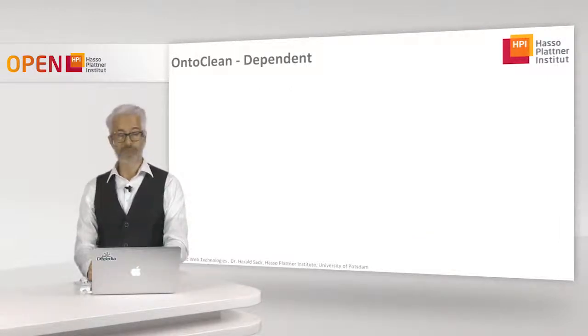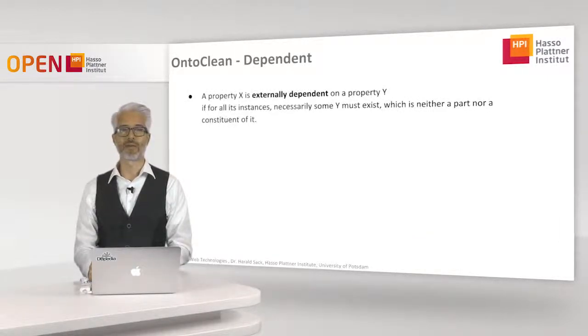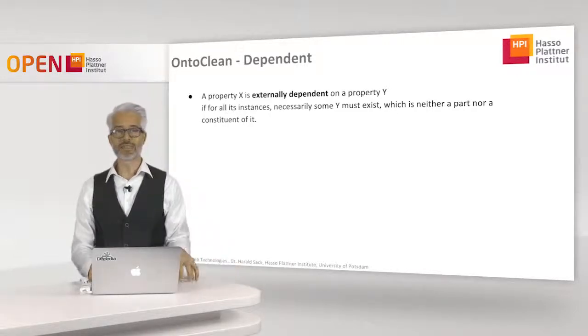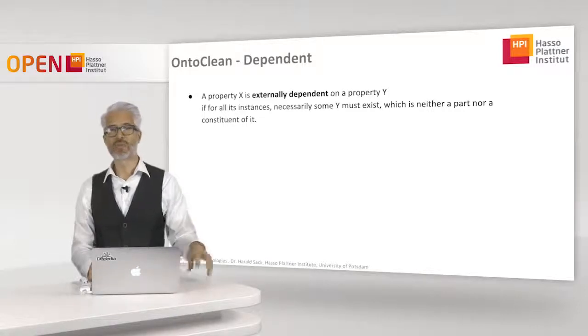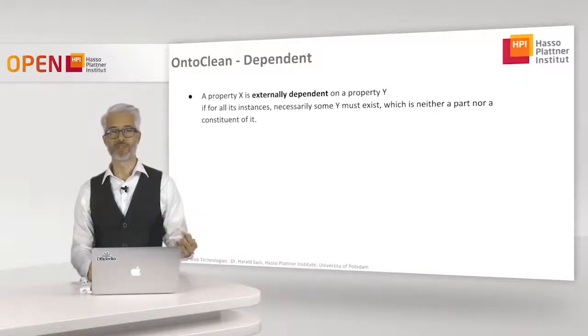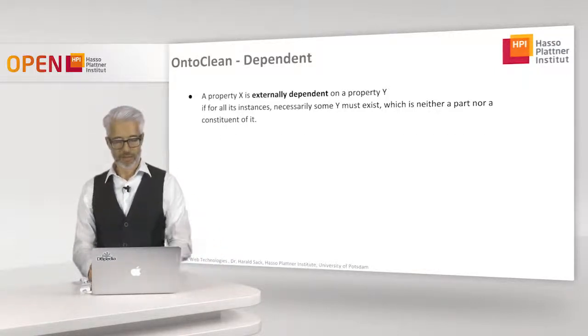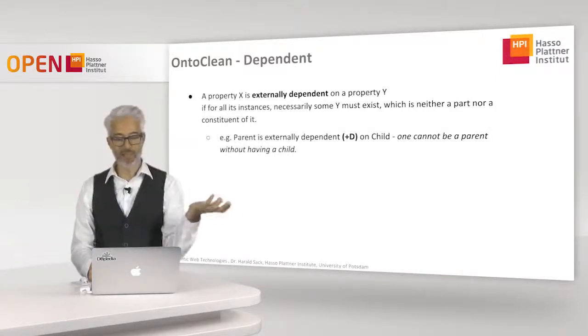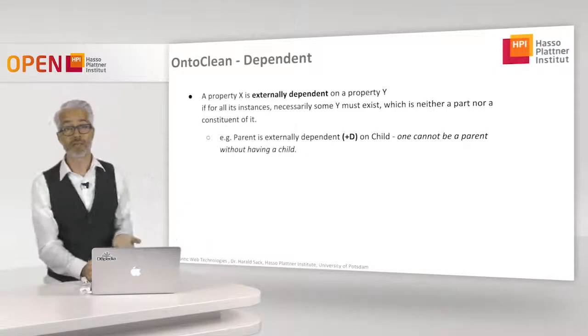So when is something dependent on another thing? Formally, you can say a property X is externally dependent on another property Y if for all its instances some Y must necessarily exist which is never part or never a constituent of it. Then it's externally dependent on another property. So let's look at an example. If you consider parent, parent is always externally dependent on child.